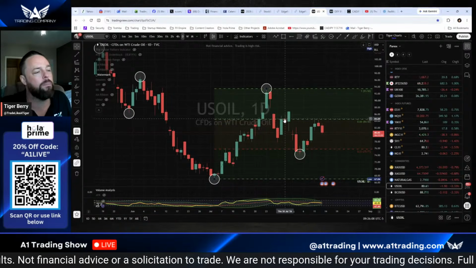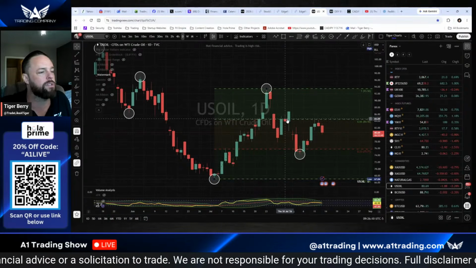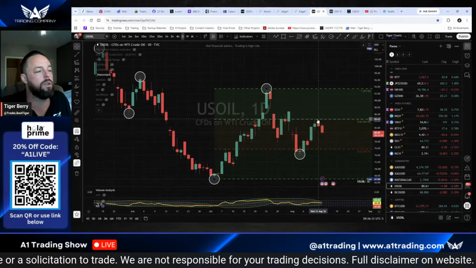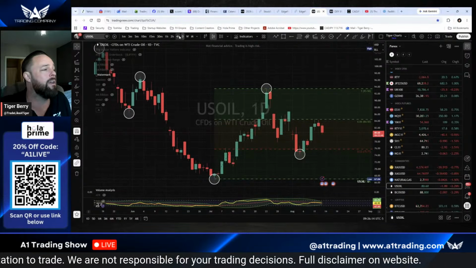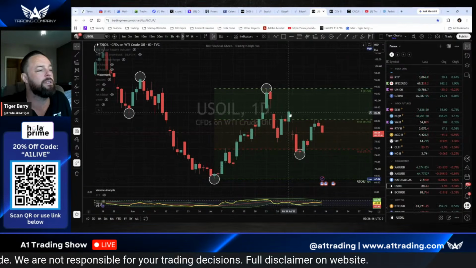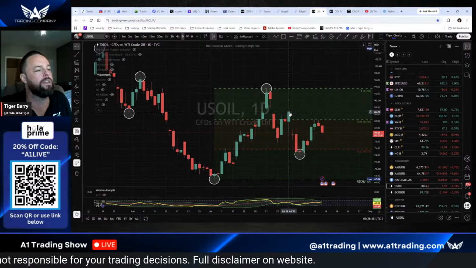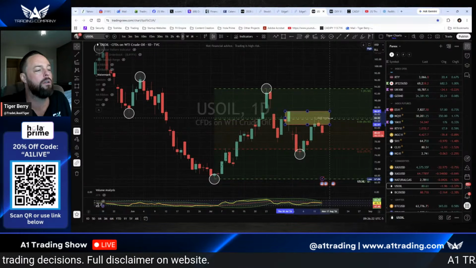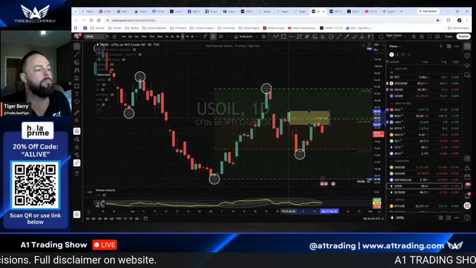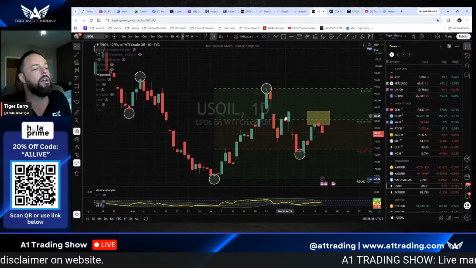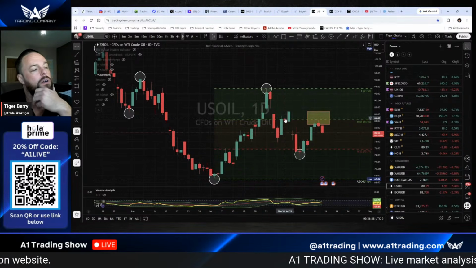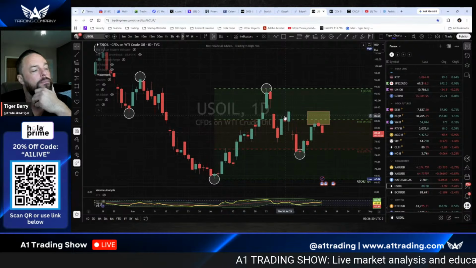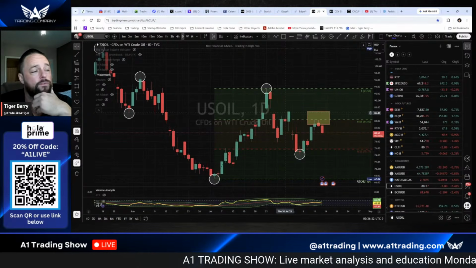Now, I've got to be honest, I didn't really see anything great in this particular area where it's given us our wick as far as supply. That candle is just a little too high for my taste to be drawing this up as a supply like this. Mainly because I like it on my last candle up before the decline.